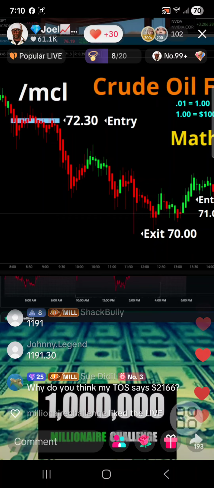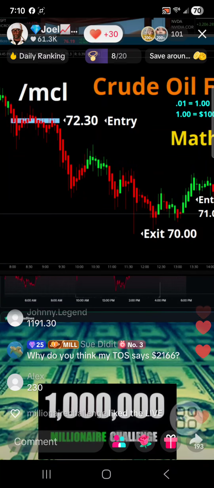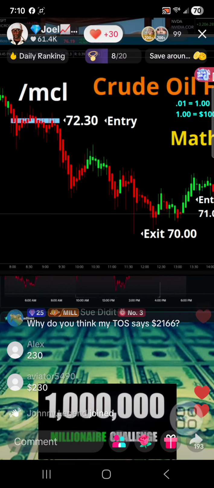And I want to see the math. If my entry is 72.30 that you see on the left, and we go down to 70, how much money did I make? And I want to see the math.